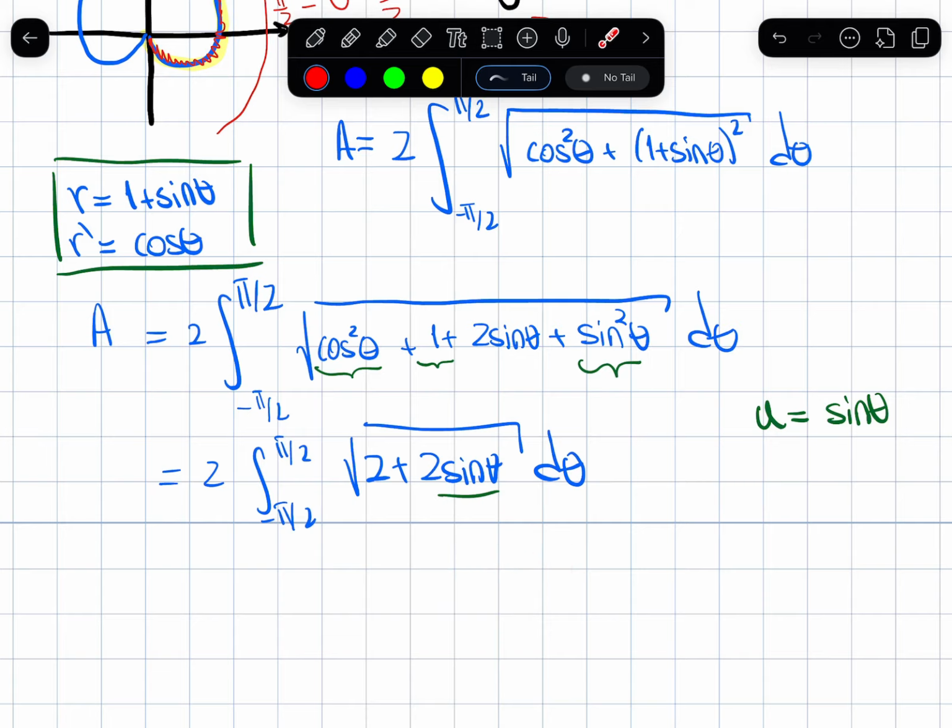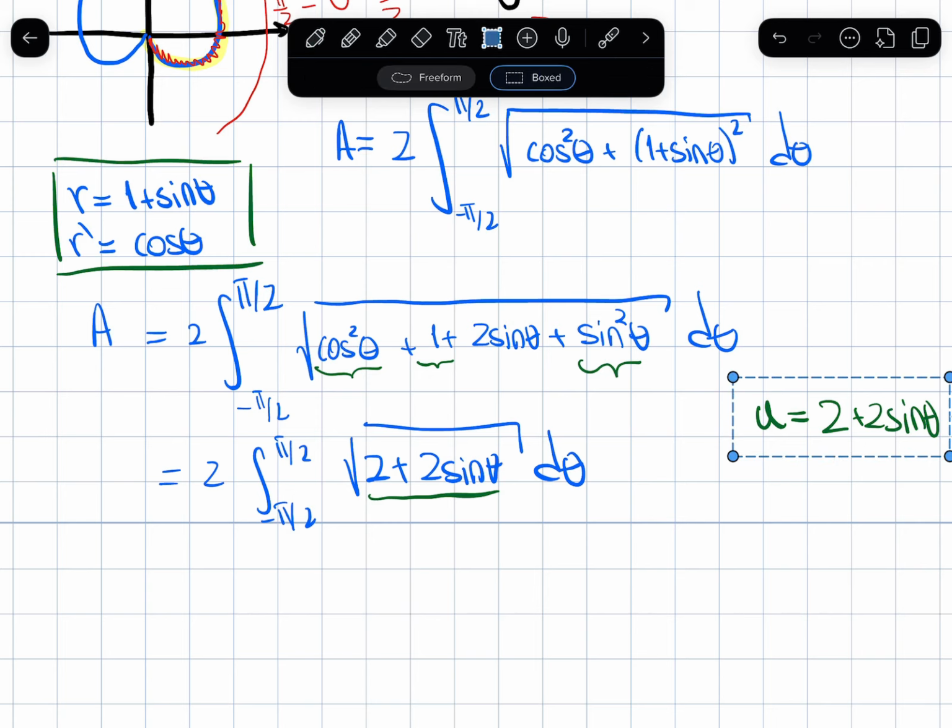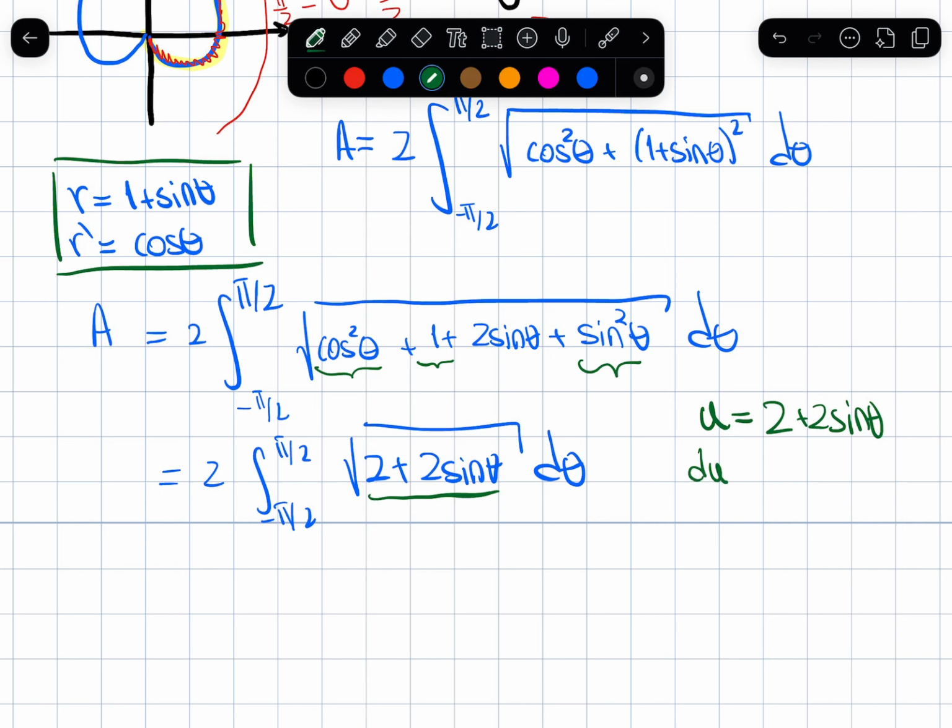So I'd ideally make this entire u sub for the interior of the radical, 2 plus 2 sine. This is the u sub that I'd like to make. But the problem is that if I do that, du will be, this is my thought process, du will be 2 cosine. And there's no cosines in sight.